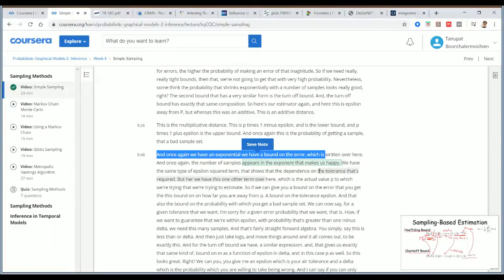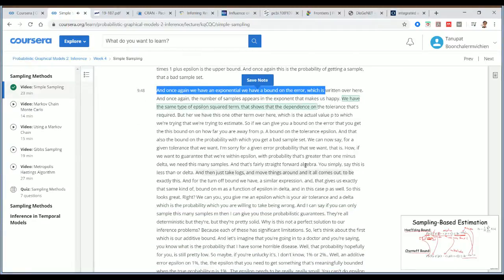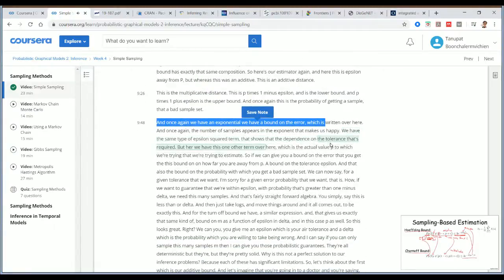That makes us happy. We have the same type of epsilon squared term that shows the dependence on the tolerance that's required. But here we have this one other term over here, which is the actual value p that we're trying to estimate.